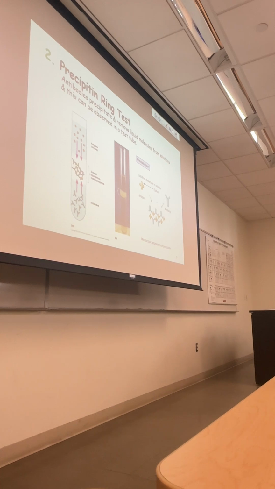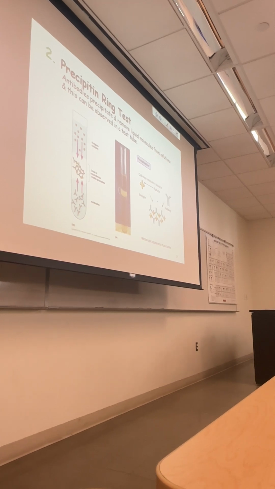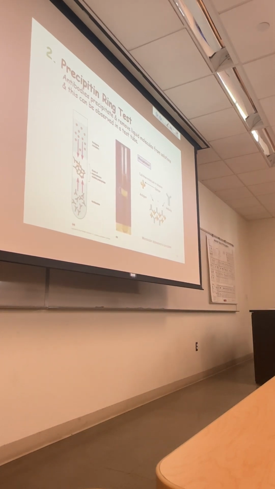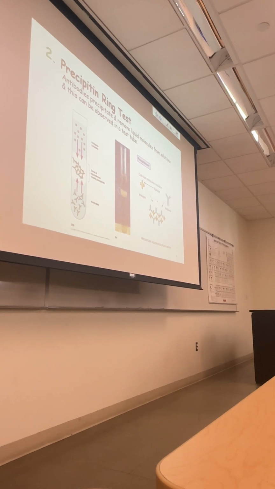All right, so when we do a ring test, what we're doing is, if we have antibodies, I can turn this around and have them going this direction, I'm just going to do Y's, in one area. These are the antibodies.